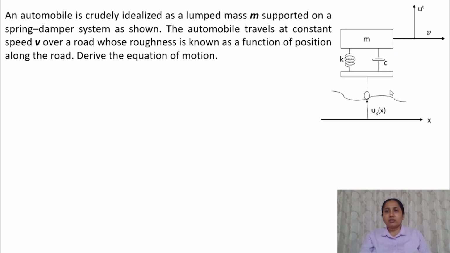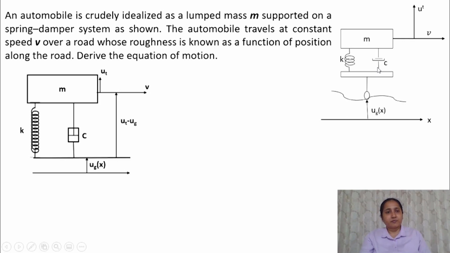So this single degree of freedom system is getting a ground displacement ug at each instant. As the vehicle is moving over this road, this ug changes. So this is equivalent to a displacement of the support of this single degree of freedom system. So let's try to solve this.